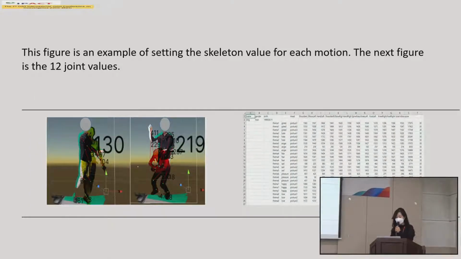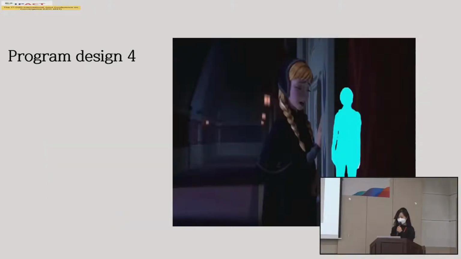This finger is an example of setting the skeleton value for each motion. The next finger, joint value. The following is the video that was studied in the, I will watch for a while.